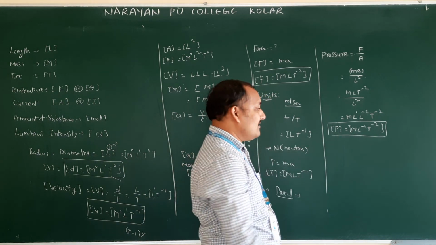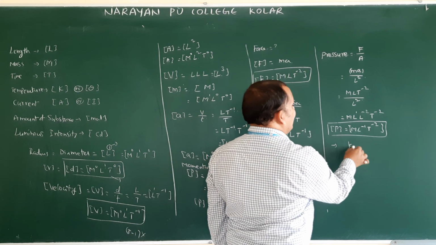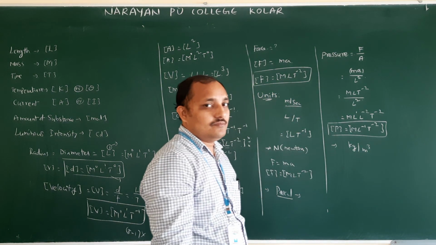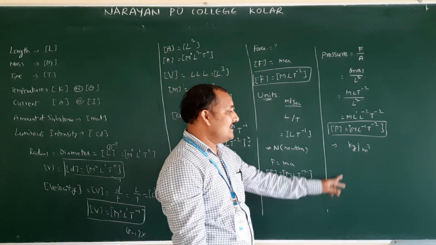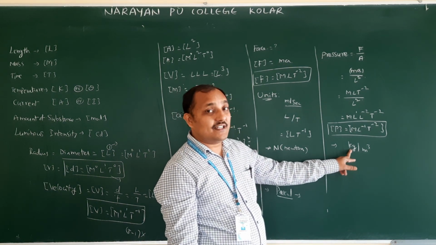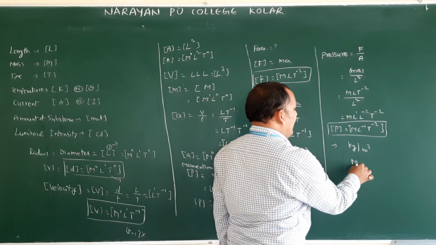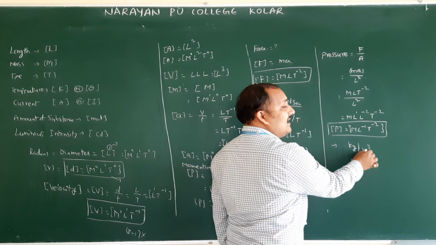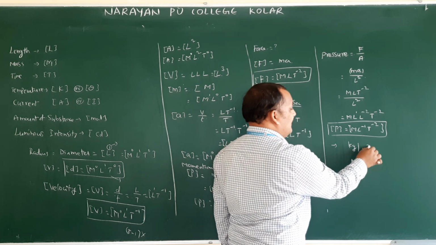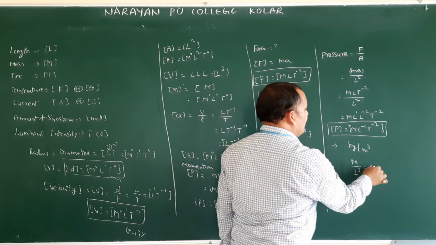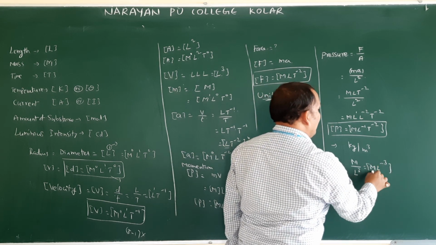Now try to write the dimensional formula for this unit, you can write it easily: kg per meter cube. Kg represents which physical quantity? Mass, therefore m. Meter means length, and length cube is there, so this is m L power minus 3.